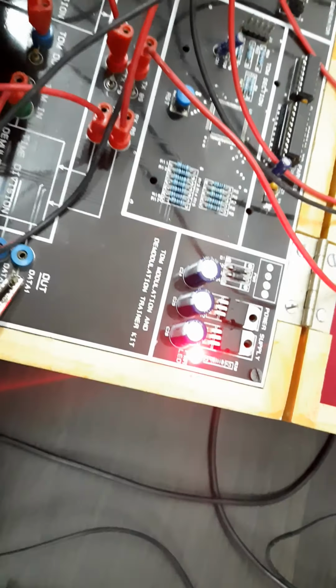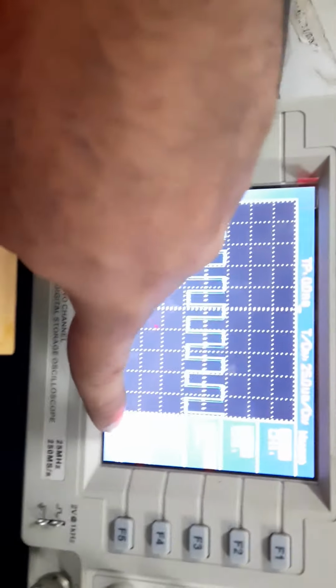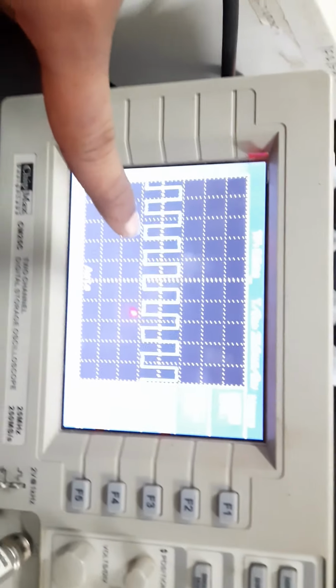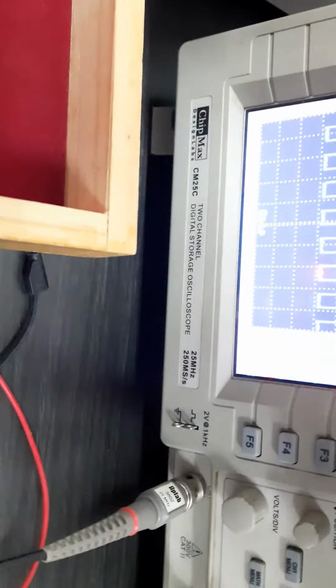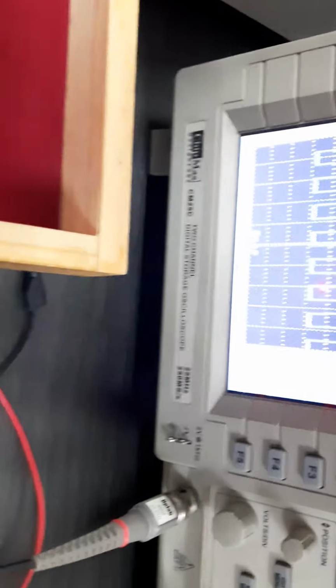If I connect to data 1, you can observe in the waveform. Whatever information we sent at the transmitter side of 32K, the same information is now being received, right? You can clearly observe it now.